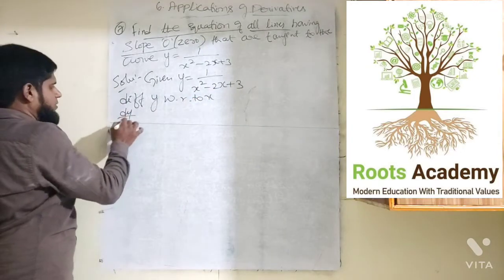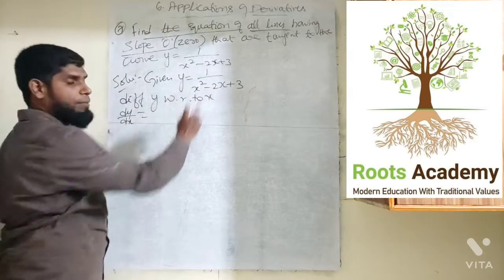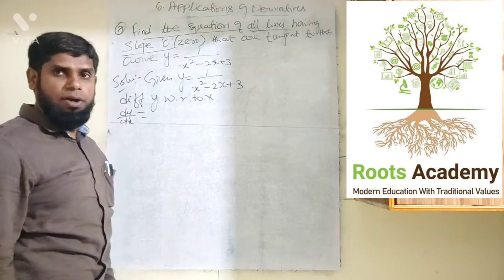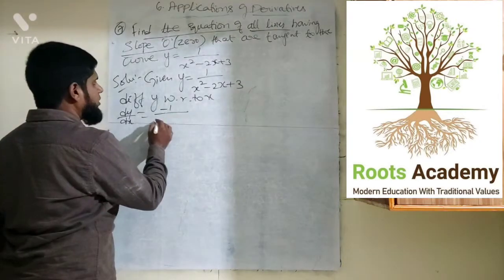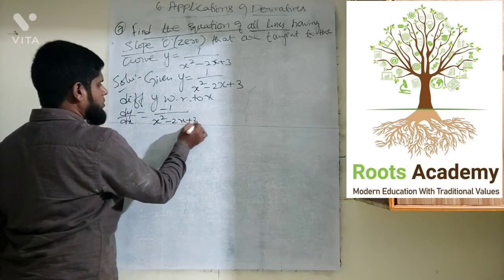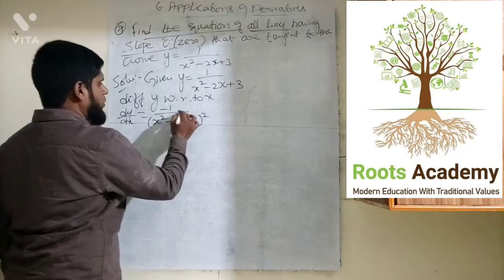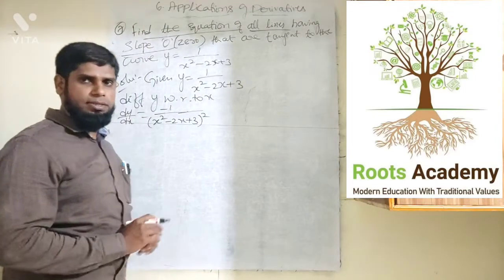So our dy by dx is equal to the derivative of 1 by x, which is minus 1 by x square, so minus 1 divided by x square minus 2x plus 3 whole square. This is the basic derivative of 1 by x.